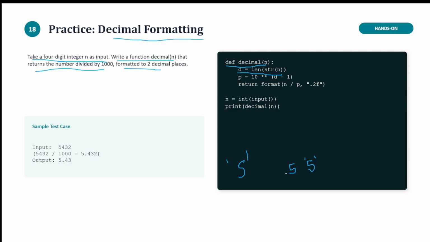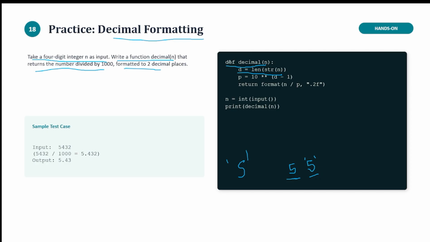Okay, so you can clearly see the difference between this 5 and this 5. The difference is clear; you can differentiate which is the string type and which is the integer type.